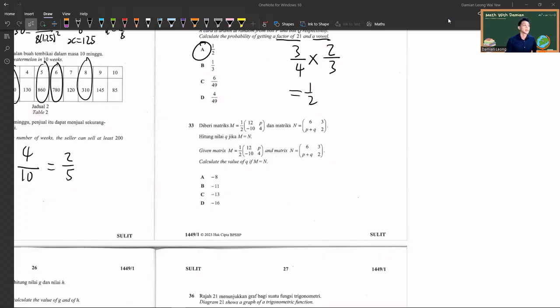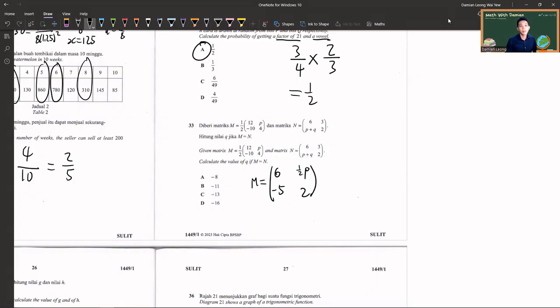Okay, element dalam posisi yang sama patut ada nilai yang sama. So multiply the half in first. So 6, half times negative 4, negative 5, half times P, half times 4, 2.